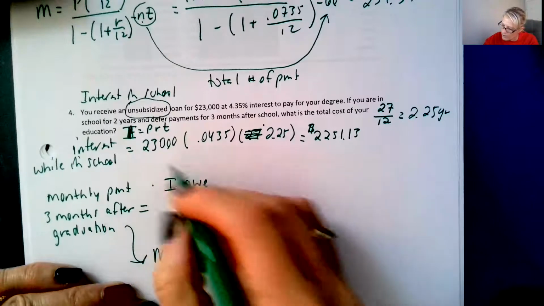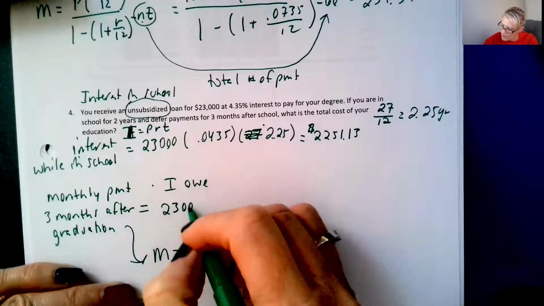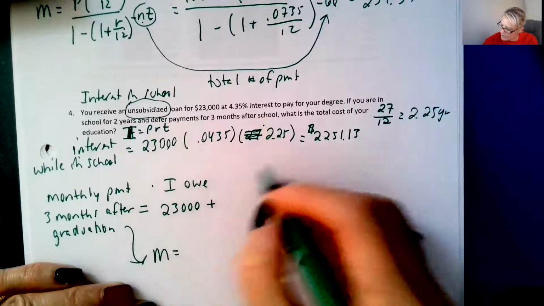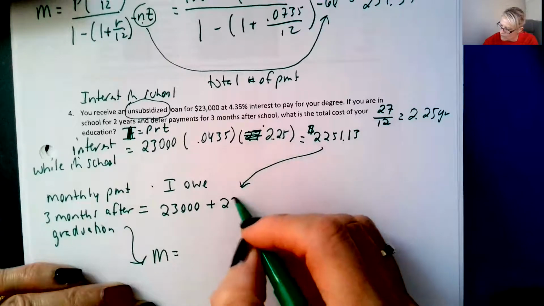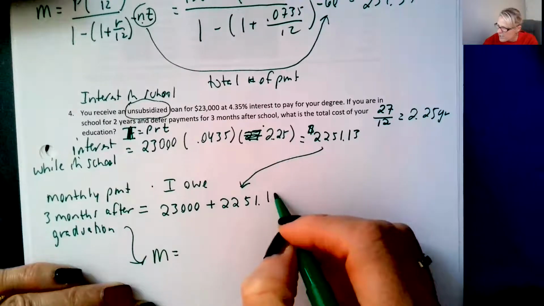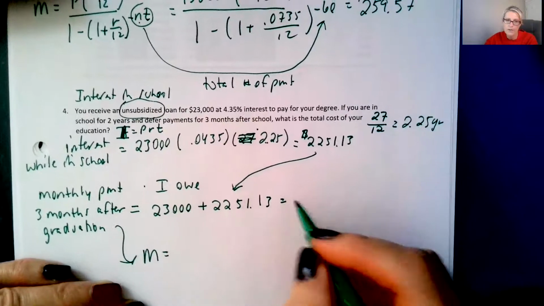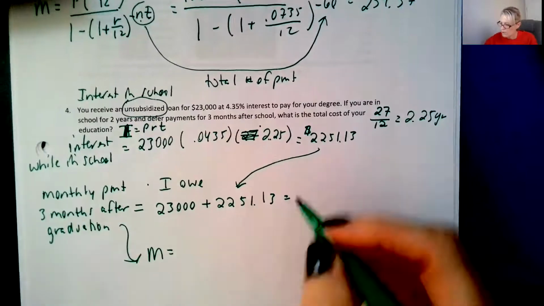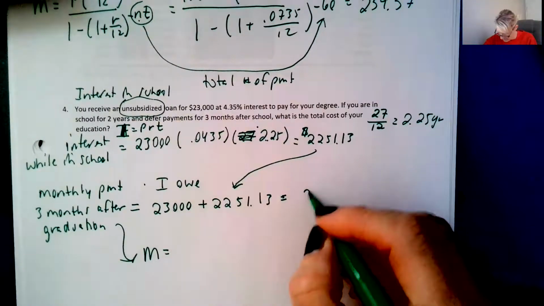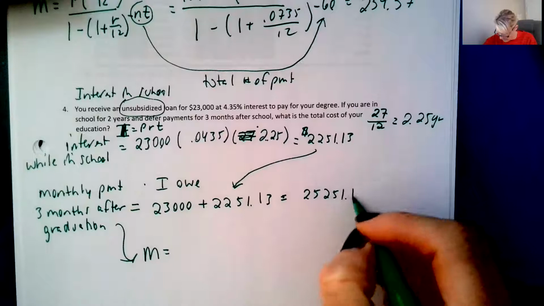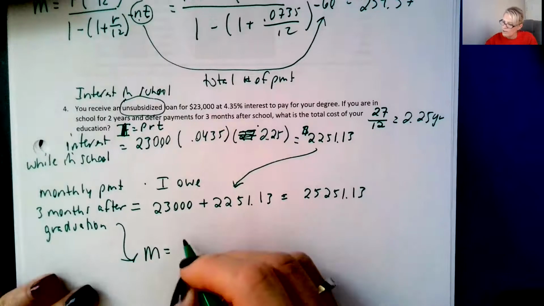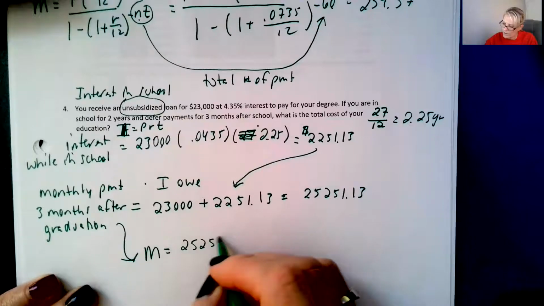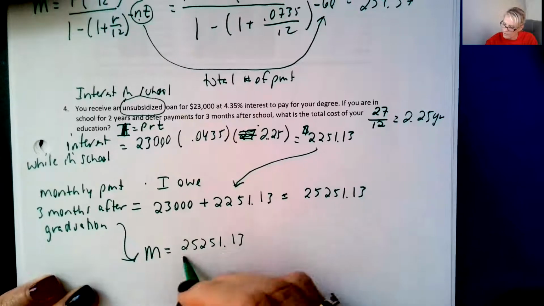I owe the 23,000 that I borrowed plus the interest while I was in school, $2,251.13, because if I didn't have money to pay that while I was in school, it accumulated. So my monthly payments begin with $25,251.13.